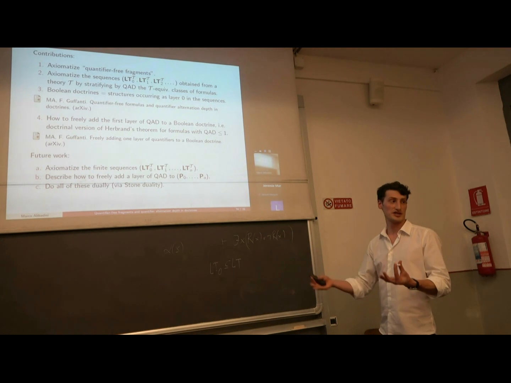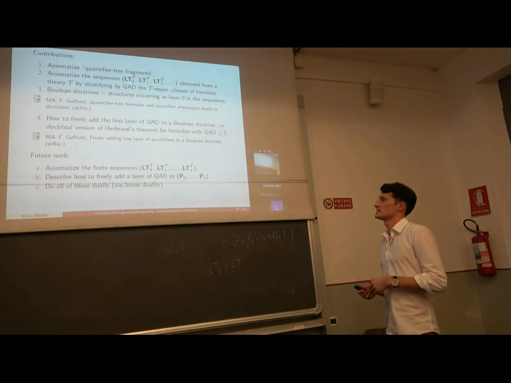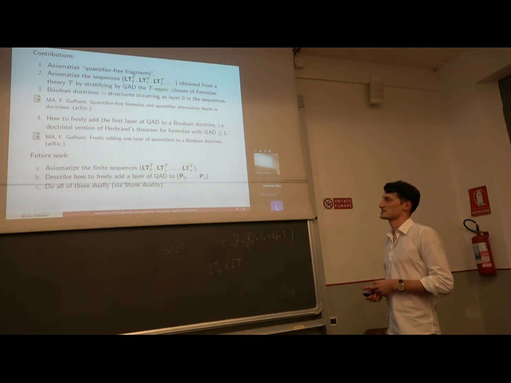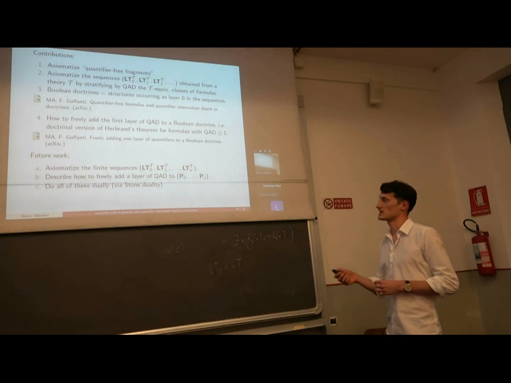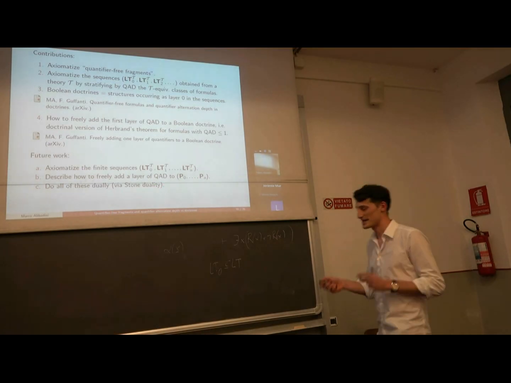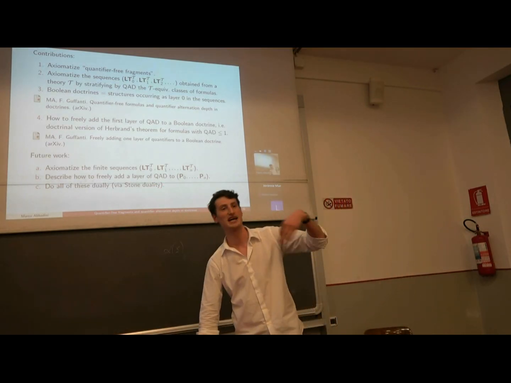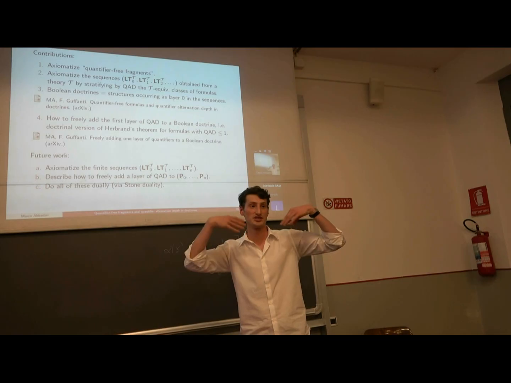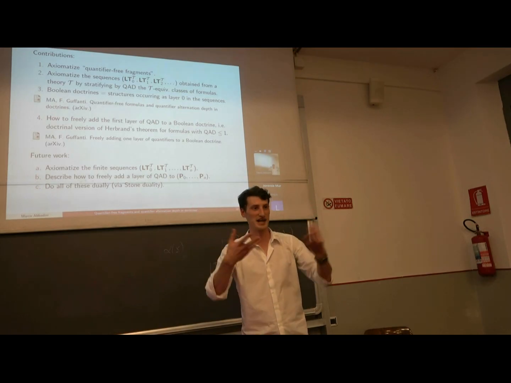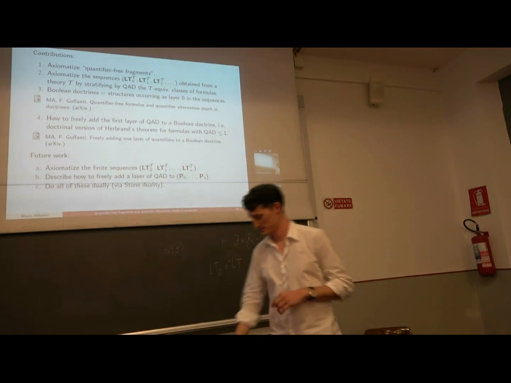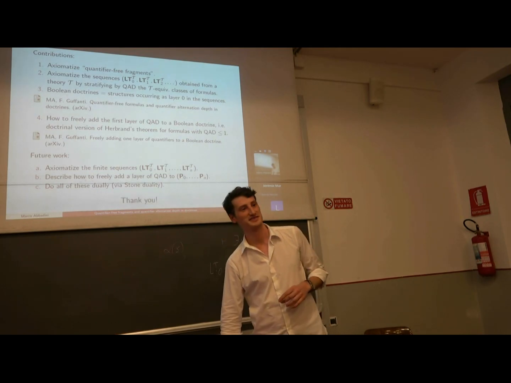This is a doctrinal version of Herbrand's theorem for formulas of quantifier depth at most one. And in the future, we would like to do it for the next layers, so how to freely add the next layers without destroying the quantifiers that we have already introduced. Okay, that's all. Thanks.